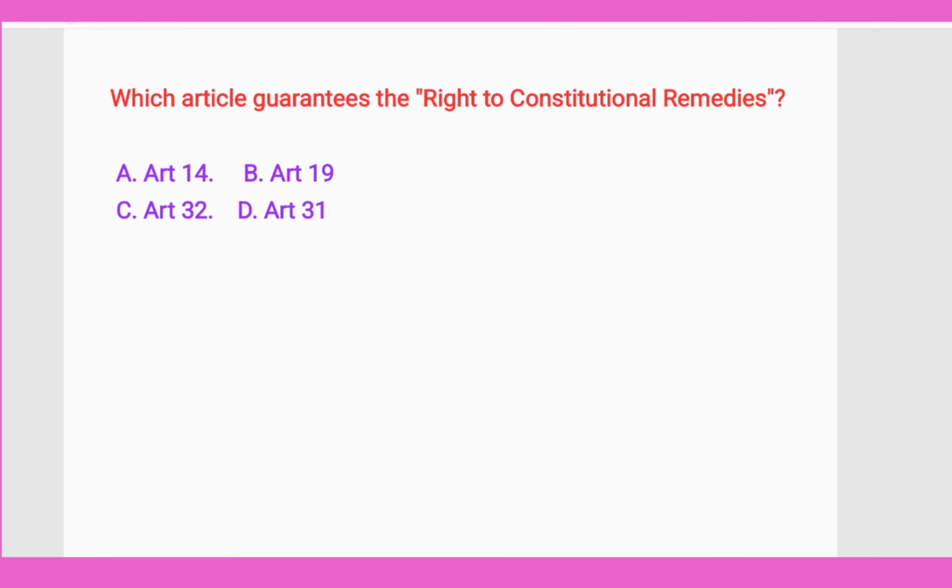The next question is which article guarantees the right to constitutional remedies. Okay. If I say about the fundamental rights, they are mentioned in part 3 of Indian constitution and the articles are article 12 to 35. It is borrowed from USA.